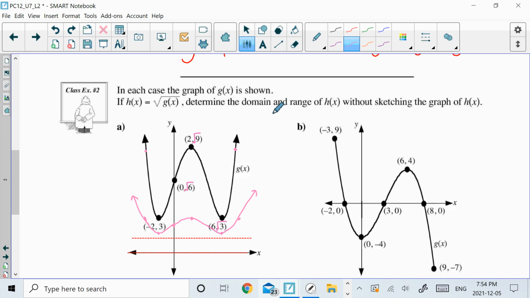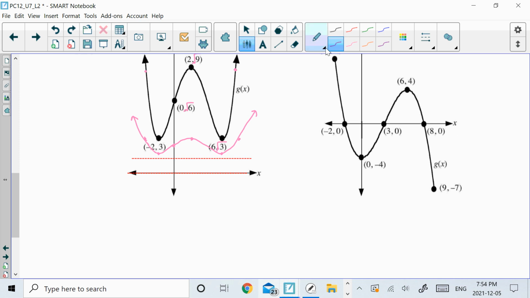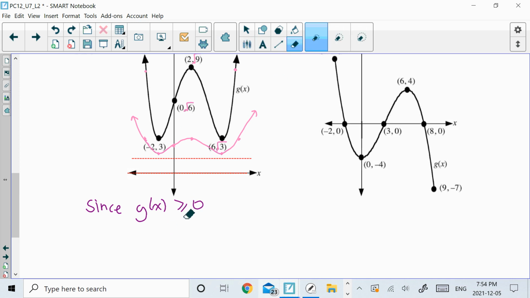There. That would be the graph of the radical function. Okay, now we could do the domain and range. So we know that this is g of x, right? The entire graph was greater than 0, for all values of x.